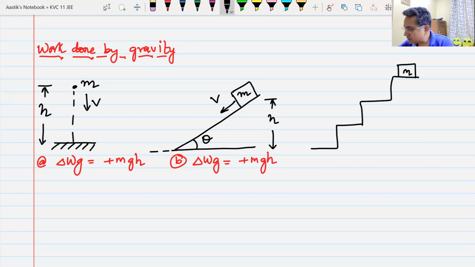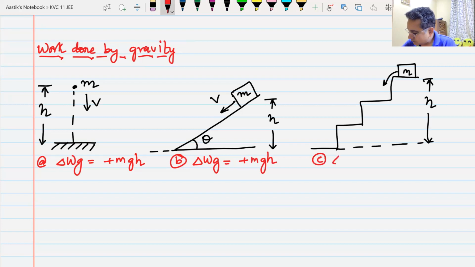Then I have this block and I allow it to fall down from the height h. What is the work done by gravity in this case? It will be equal to plus mgh.